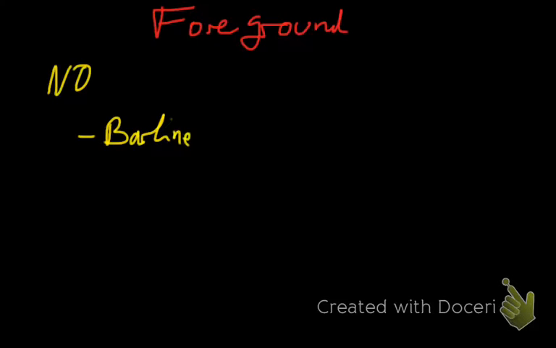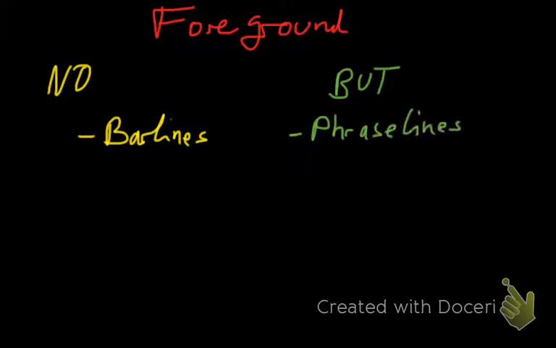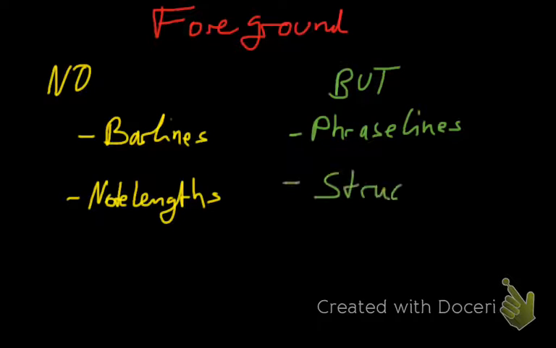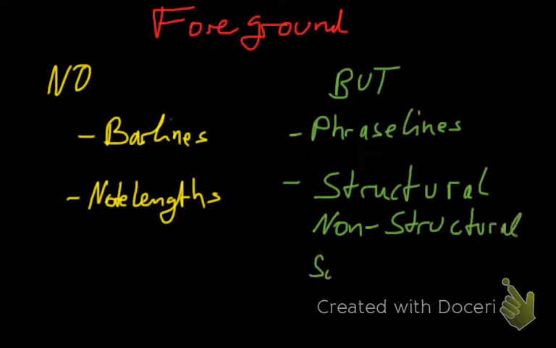The foreground is something that has no bar lines per se, but you will see dashed or dotted bar lines that indicate phrases. We also have no note length, even though we use the version of the notation that we're used to, but we will see that these are indicating the type of tone or the type of pitch.